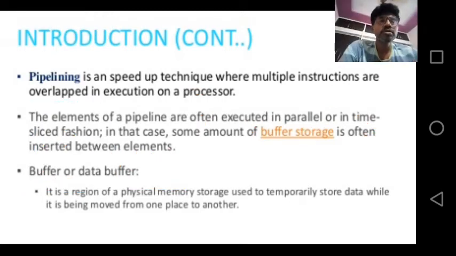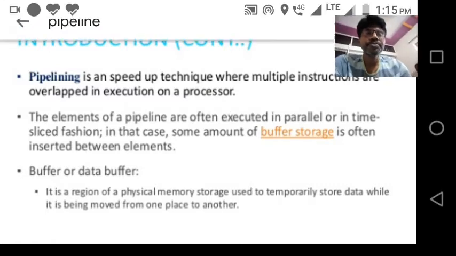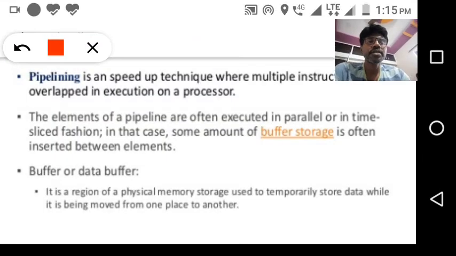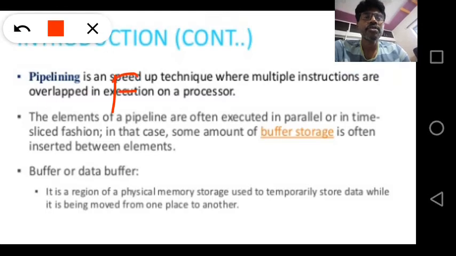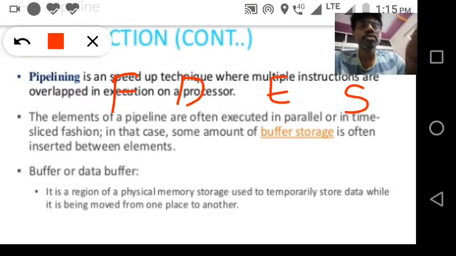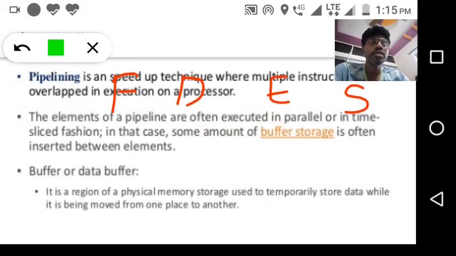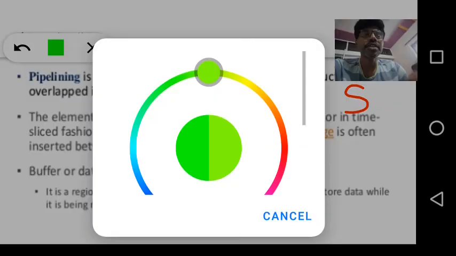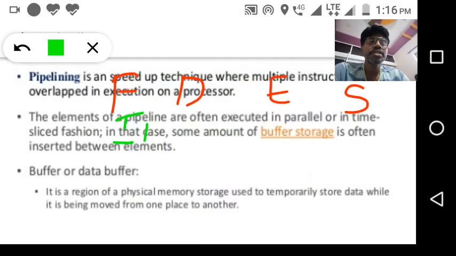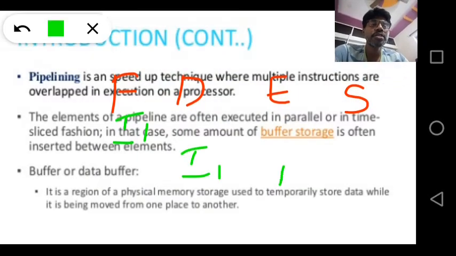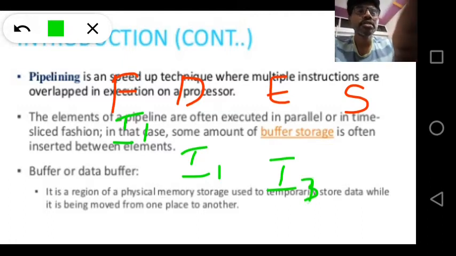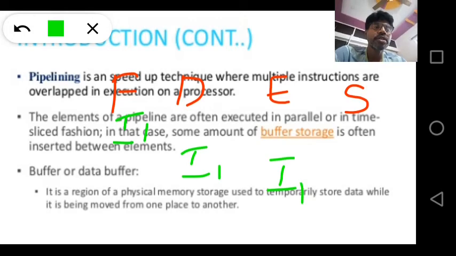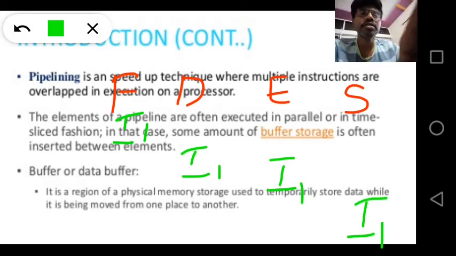How? Let us take the same example: fetch, decode, execute and store. First instruction 1 will be in the fetch state, and next it will be here, in the third stage it is here, and at the fourth stage it is here.